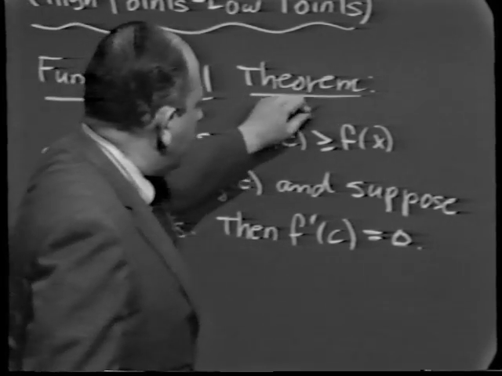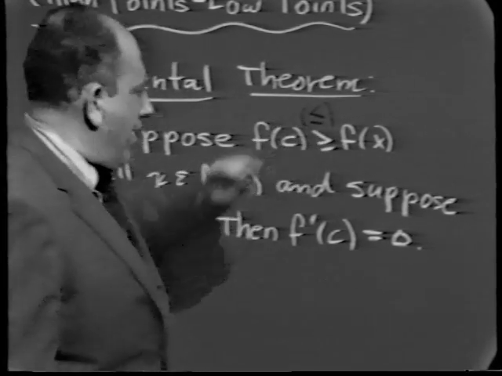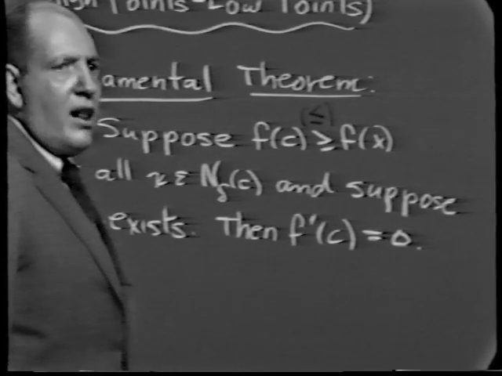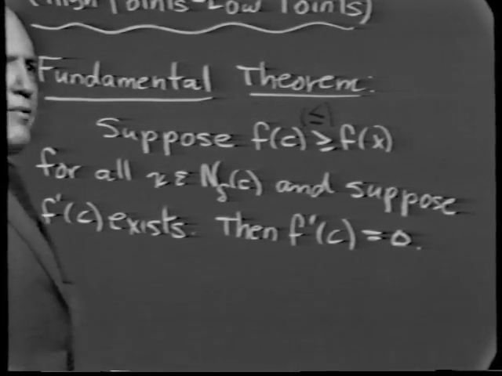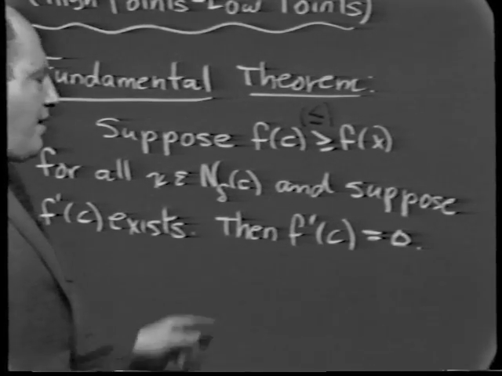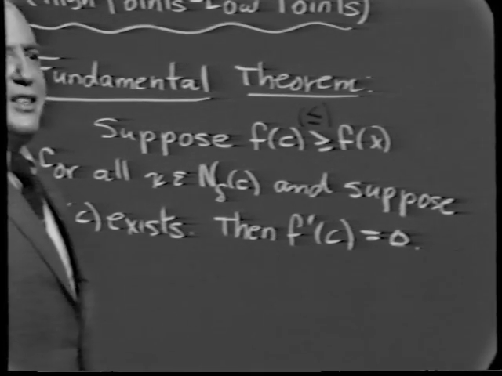Or equivalently, it might be that f of c is less than or equal to f of x for all x in this neighborhood. And suppose also that f prime of c exists. Then the theorem says f prime of c in this case must be 0.